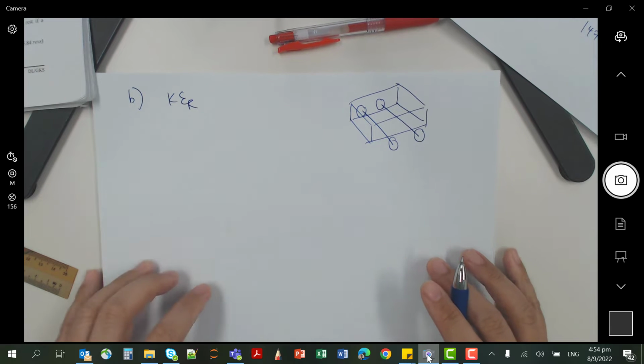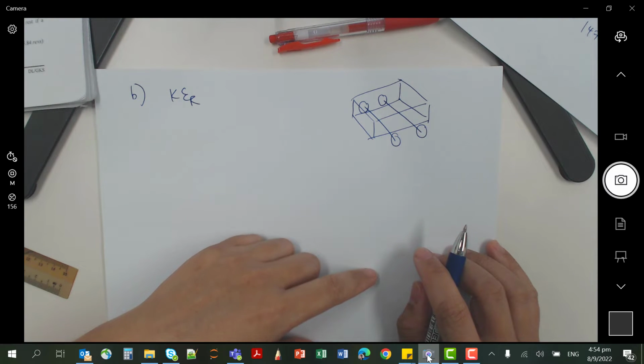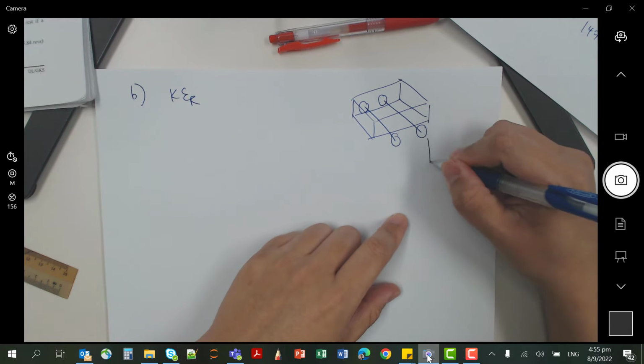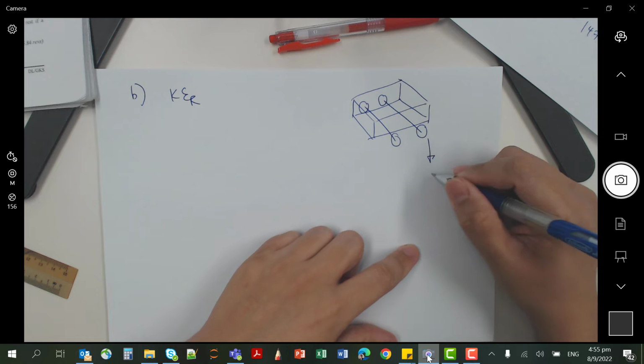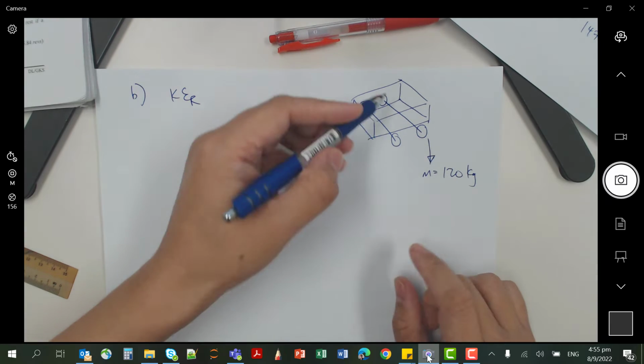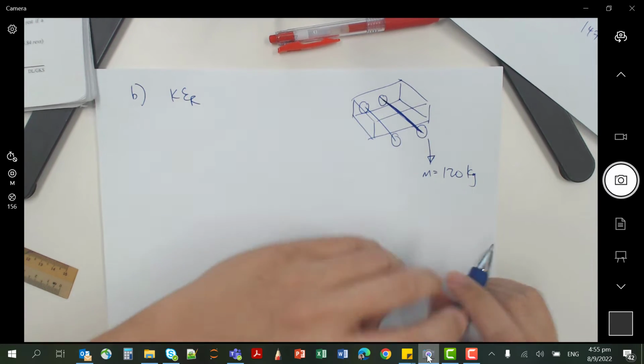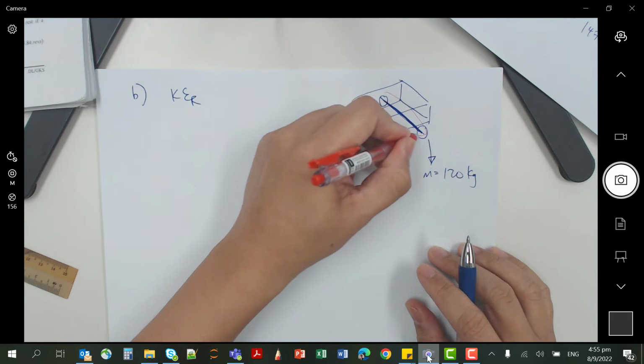What is given in the question is that each axle has a mass of 120 kilograms, which means the 2 wheels plus one shaft, this whole thing is 120 kilograms.